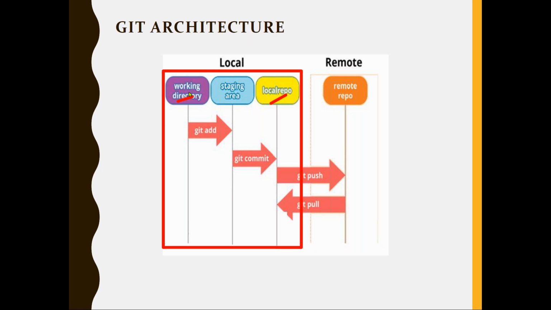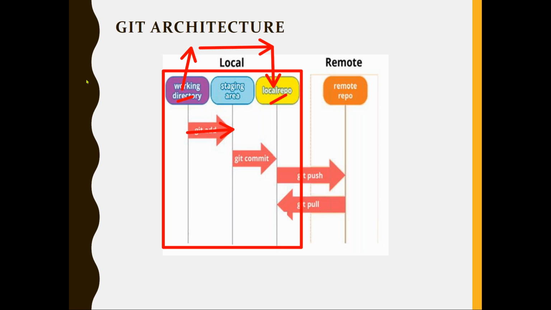This is where we make changes, and the local repository is another directory, created by copying from remote. After you make changes in the working directory, you can't directly push them to local. This doesn't work. Then what should you do? You have to push them to the staging area.